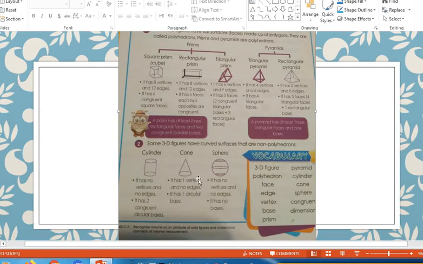It has 1 circular base, like the ice cream cone. And this is like the Pepsi can. The sphere has no vertices, like the basketball, and no edges, no bases.